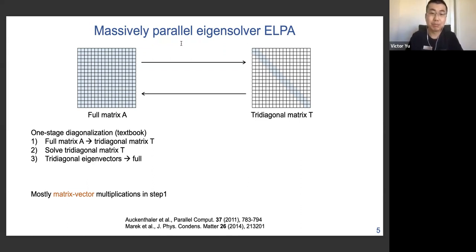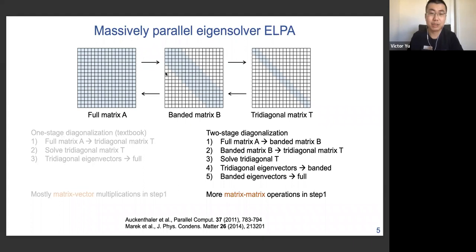By introducing a banded matrix, when we transform the first column to the banded matrix, we are only modifying this part of the first row without affecting the second, third, fourth columns of the matrix. Which means that these columns can be bundled together to form a matrix operation, which is more efficient than matrix-vector operation. This is a short answer, and to get more details, you need to check out the references here.